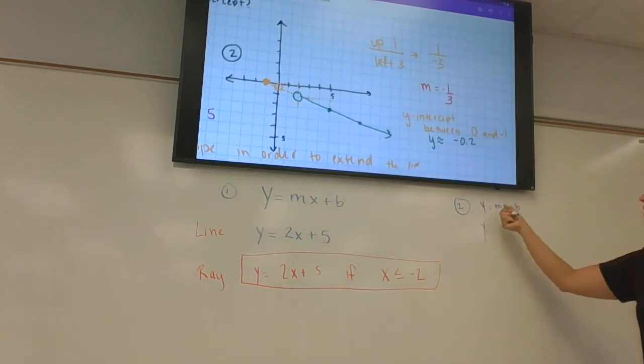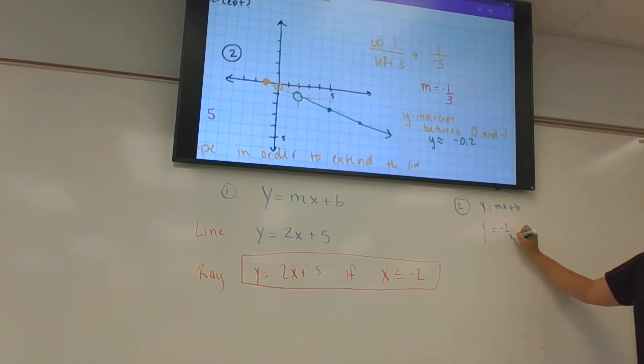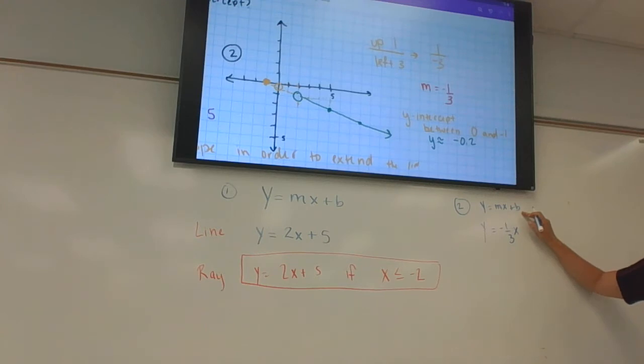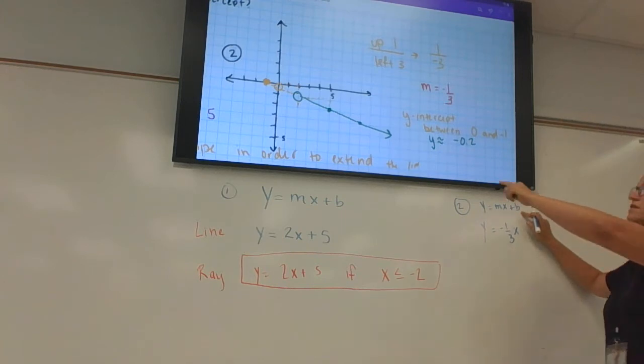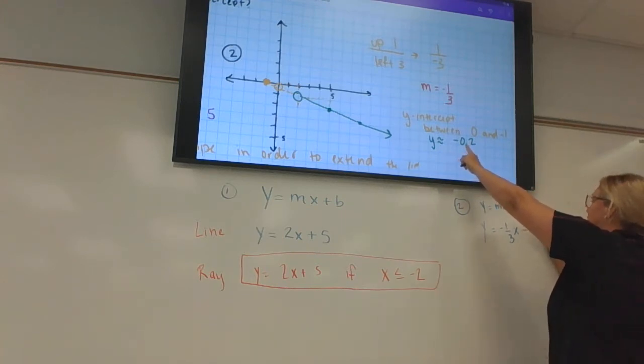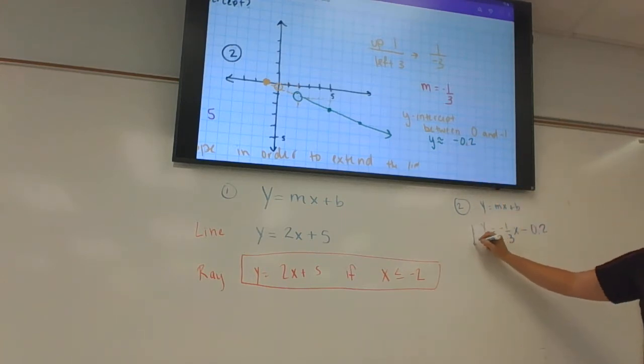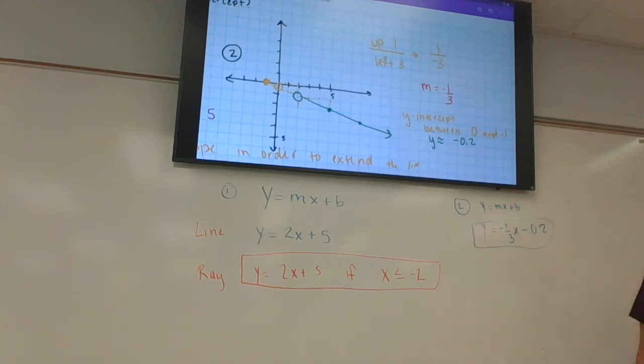Where does the slope go in this equation? M. What's the b in this equation? Do you know what b stands for? The y-intercept. Yeah, let's just put that in there. There's your equation. That's all I'm asking you to do. Plug in slope and y-intercept.